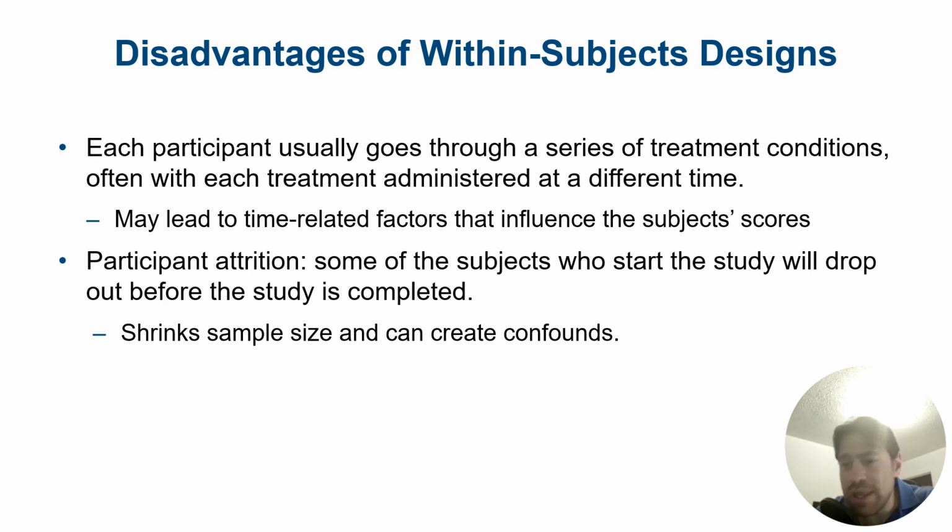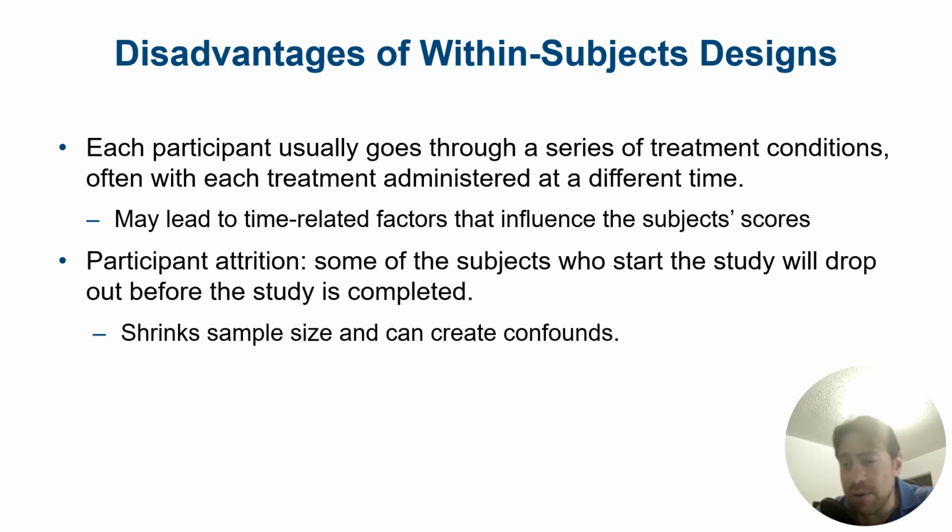And also, there's the problem of participant attrition. And this refers to the loss of participants over the course of a study. Now, this reduces sample size and may also create confounds.